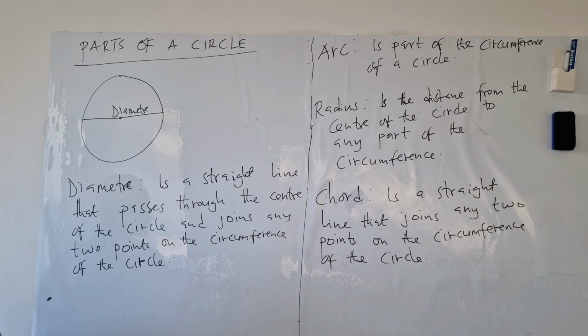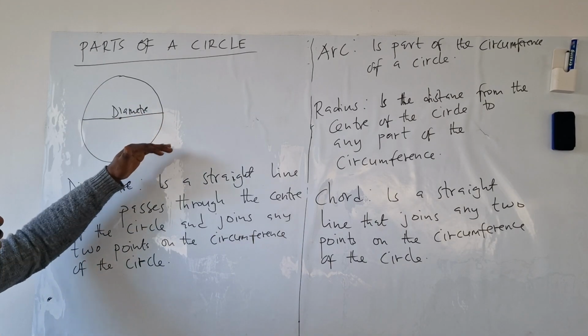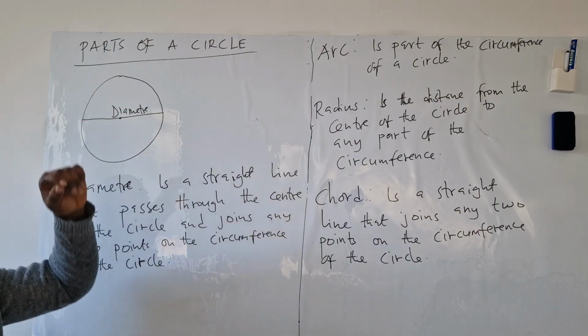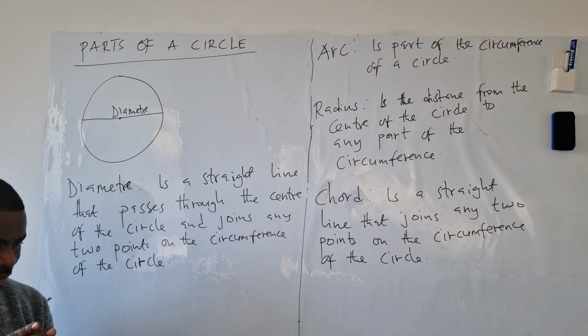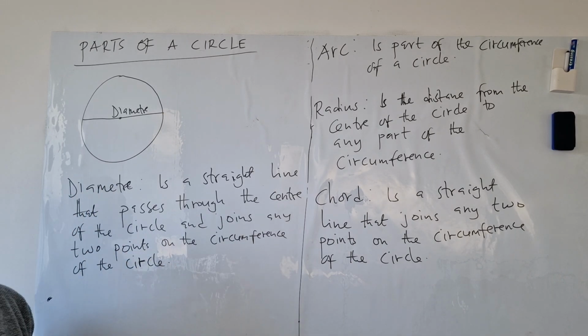Good. So as we said earlier on, we have got so many chords within the circle. But among the numerous chords you can have within the circle, there's one of them that will pass through the center of the circle.